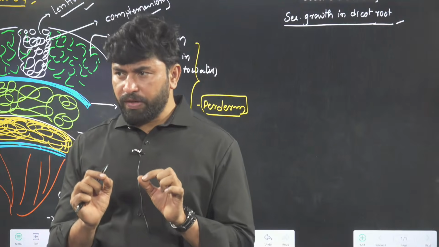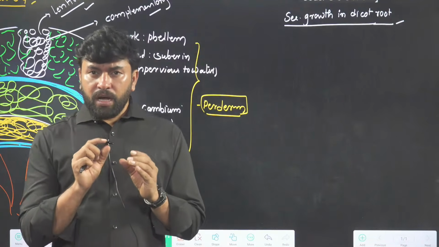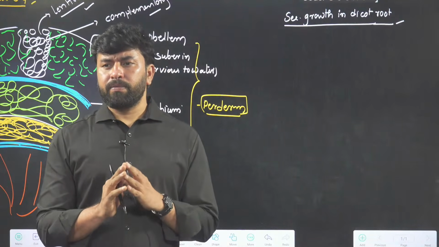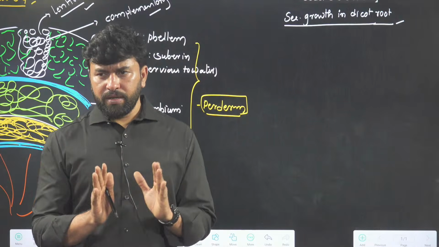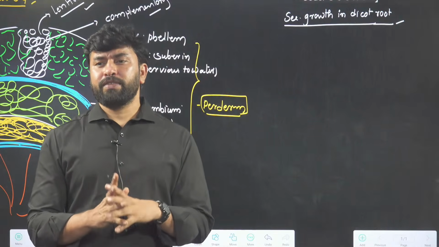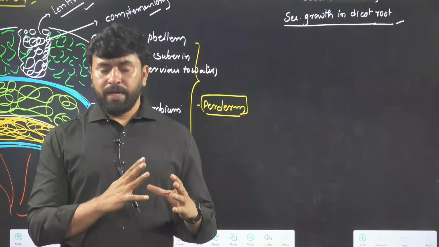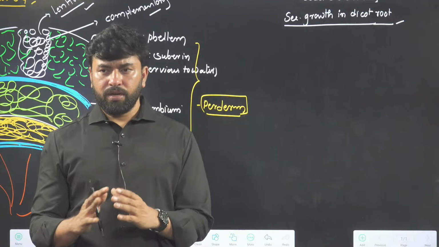Just how does vascular cambium form? This mode mainly differs; the remaining events of secondary growth in dicot stem and dicot root are the same.